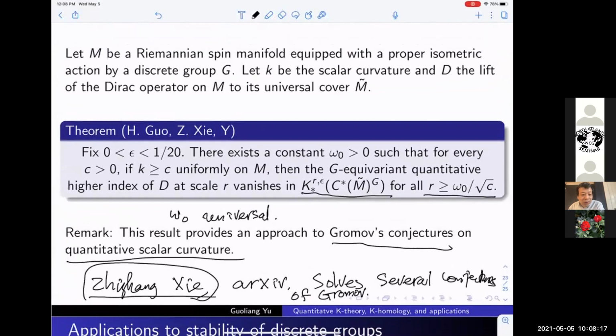It's not a function on a manifold like the scalar curvature. This C is a constant. Peter, is this your question? Yeah, because K is greater or equal than C uniformly on M, I thought that maybe C is a function on M. Oh, no, K is a function. C is a constant, K is the scalar curvature. So K is a function. Okay, good.